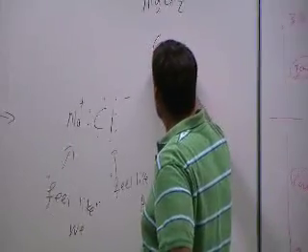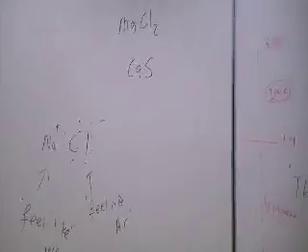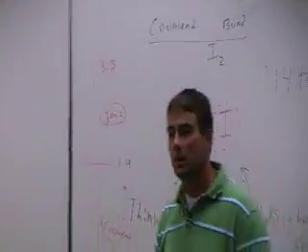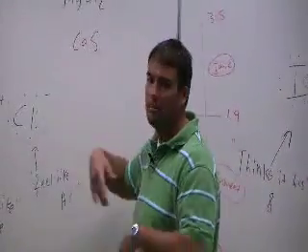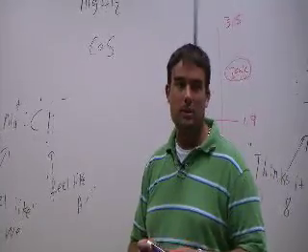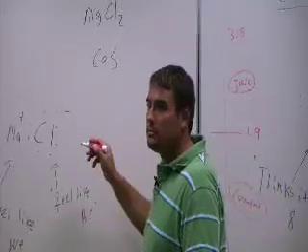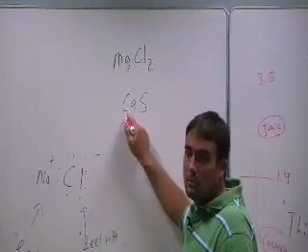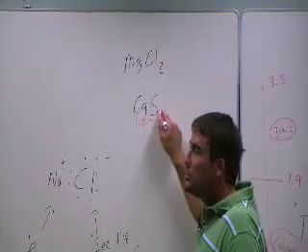But take a look at this one. Calcium sulfide. First off, what would you predict? Common sense tells you what? Chemical intuition. Ionic. Metal, non-metal, forget it. Let's run the numbers though, just for giggles. What are they? 1.0 and what? 2.5.